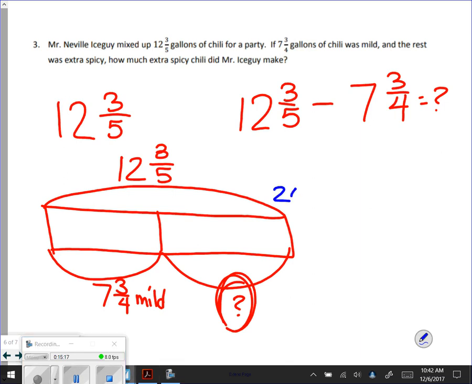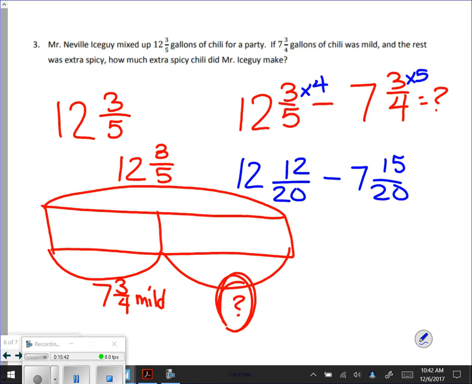Common denominator of 20. 5 to get to 20, 4. 3 times 4, 12. 4 to get to 20, 5. 3 times 5, 15. So there's 12, there's 7. 12 minus 15, cannot do.